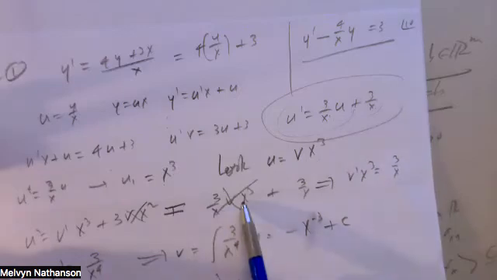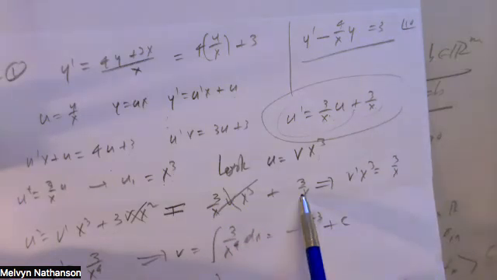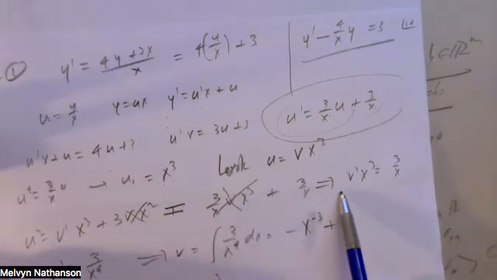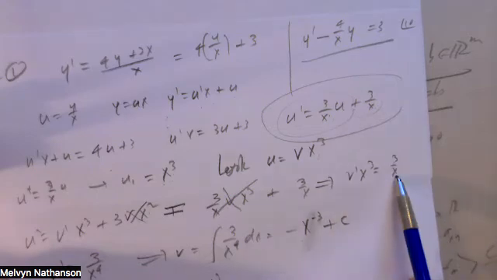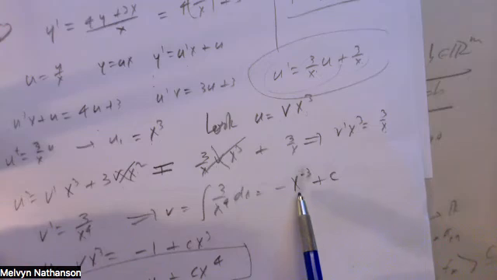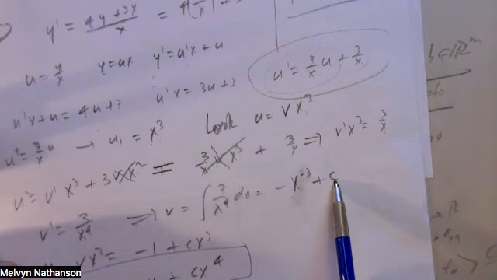So that's 3vx squared plus 3 over x. And these cancel. So v prime x cubed is 3 over x. So v prime is 3 over x fourth. So the antiderivative of 3 over x to the fourth is minus 1 over x cubed, because you differentiate this, you get 3 over x to the fourth, plus a constant.